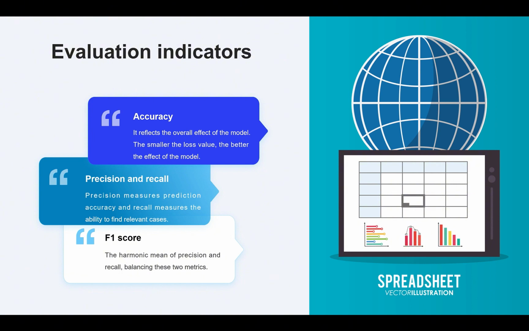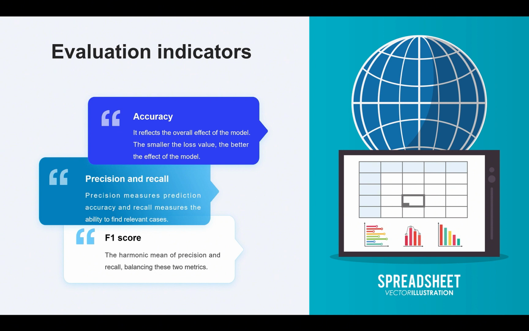Evaluation indicators. Accuracy is the main metric and measures the percentage of predictions that exactly match the annotations in the test dataset. In this project, I use loss to replace it. Precision and recall. These metrics are especially important for NLP tasks.